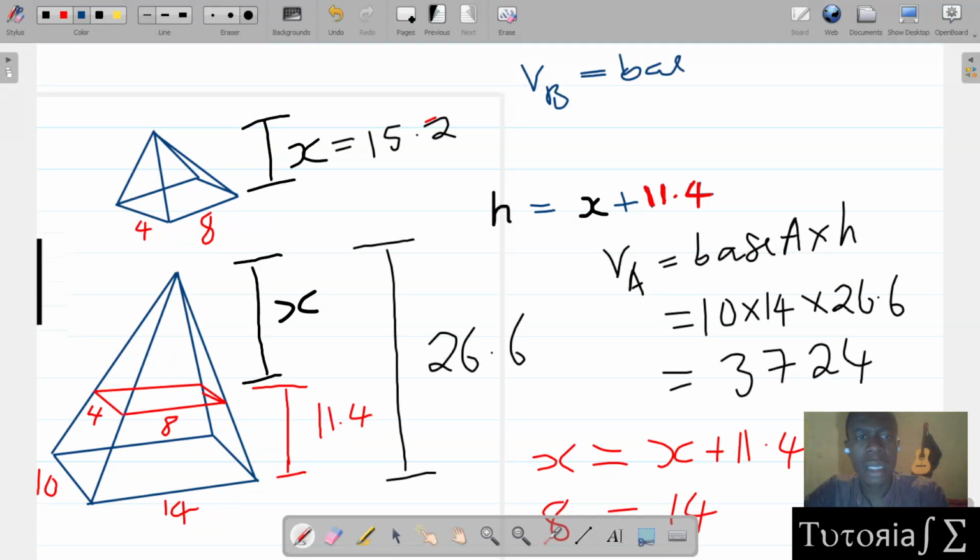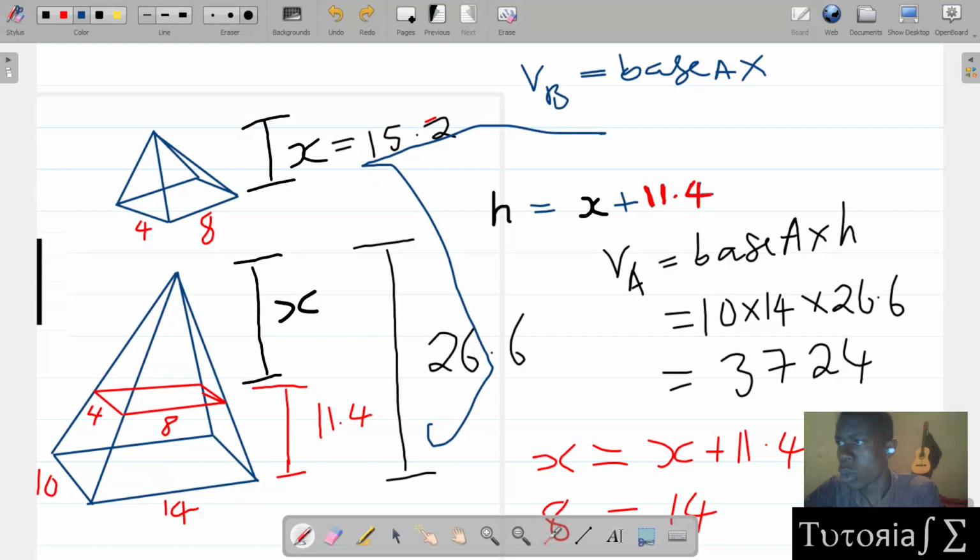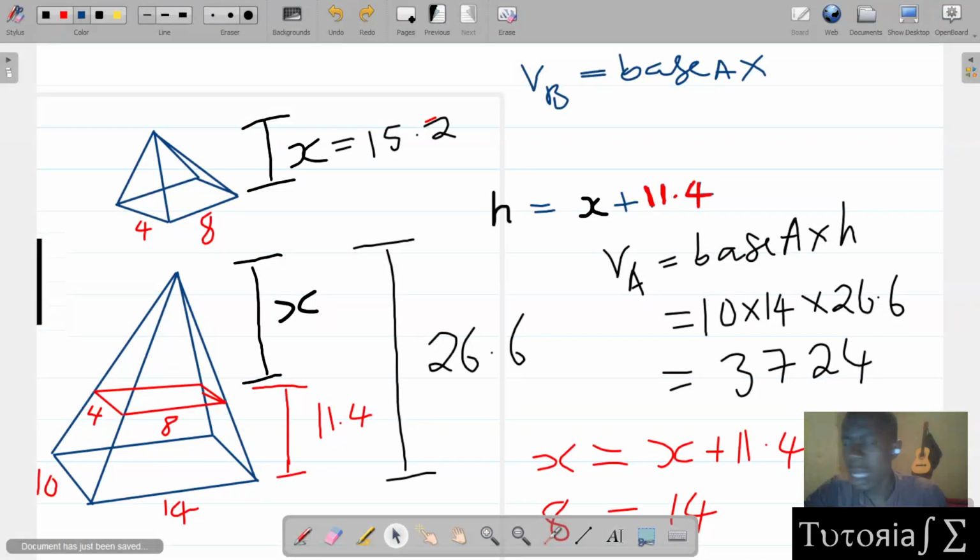Again, this is a rectangle, so the base area is L times B. So it will be 4 times 8, and the height is 15.2.